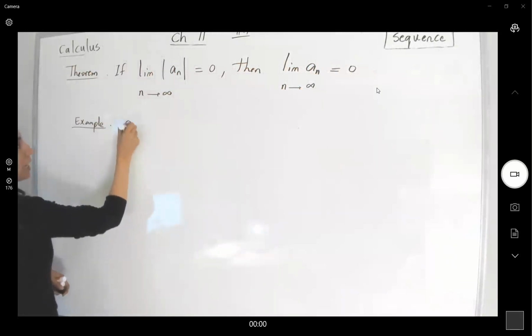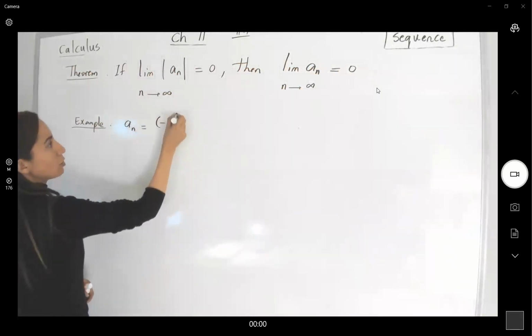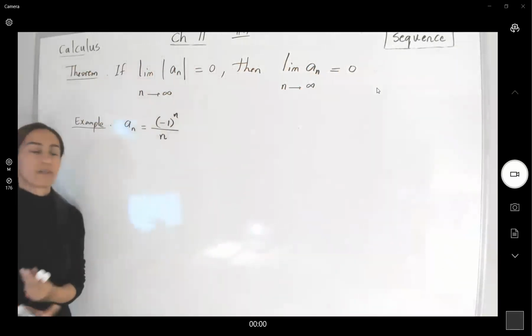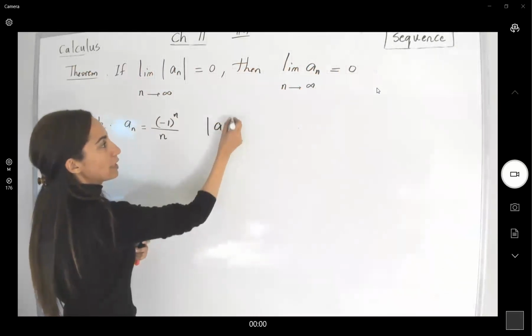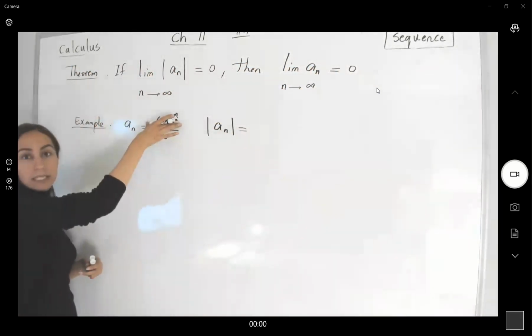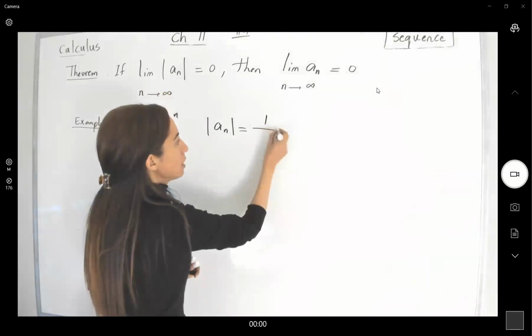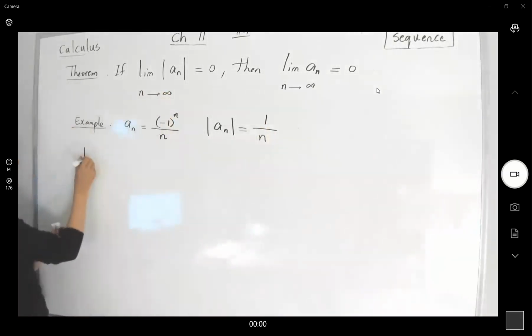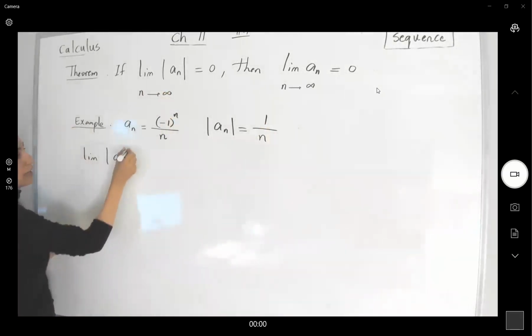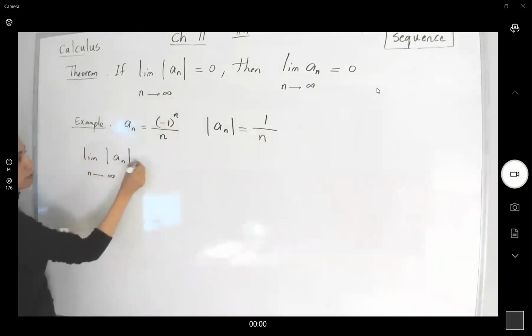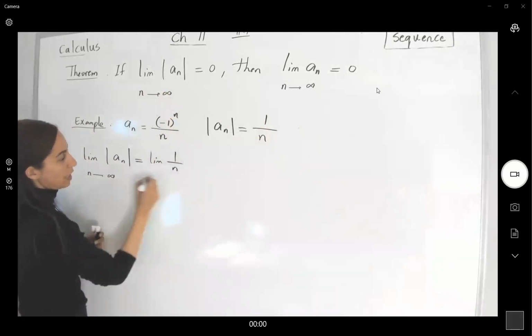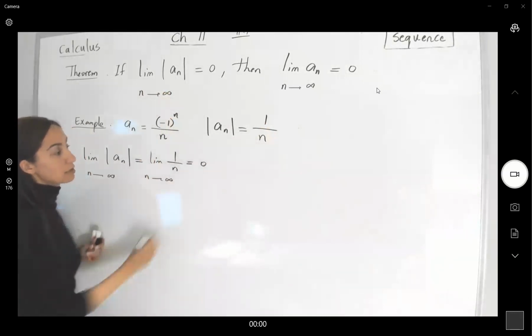think about a sub n to be negative 1 to the power n divided by n. What is the absolute value of a sub n? The absolute value of negative 1 to any power is 1, and the absolute value of n is already a positive number, so it's n. So if I take the limit of the absolute value of a sub n as n approaches infinity, this is the limit of 1 over n as n approaches infinity, which is 0.